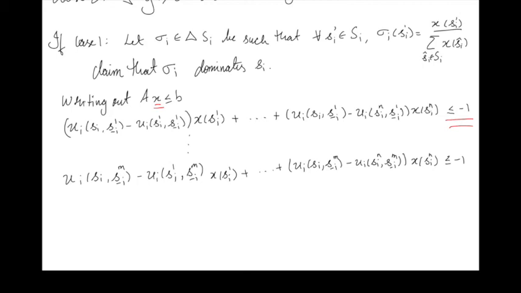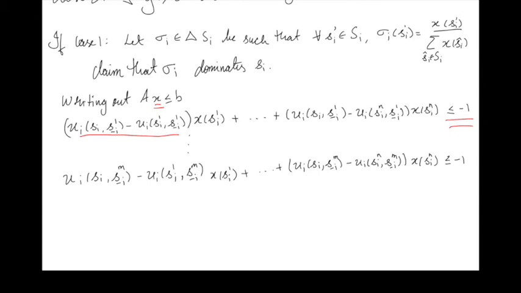So if we write that out, we see that the utility difference between playing Si and Si1 when others play S minus I1 times the first component of x plus, we keep doing this, the utility from playing Si minus the utility from playing the kth strategy when everybody else plays S minus I1 times the kth component of x all the way through.